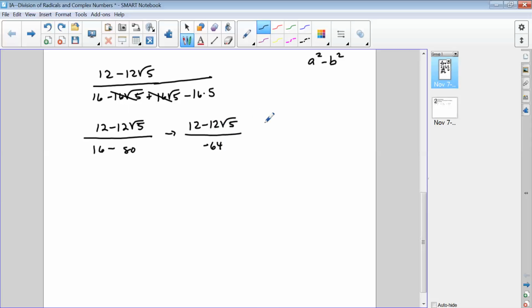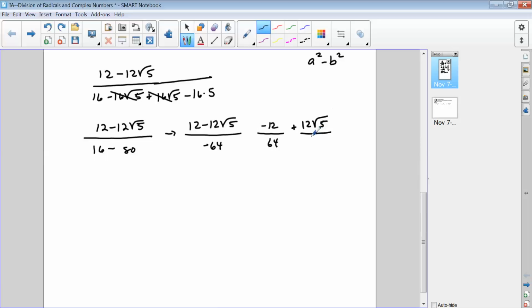I'm just going to take the negative to the numerator, so I got negative 12 divided by 64. And then this term is negative 12 times the square root of 5 divided by negative 64, which is going to be positive.